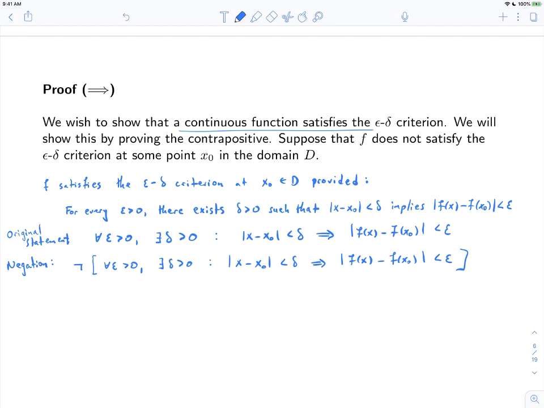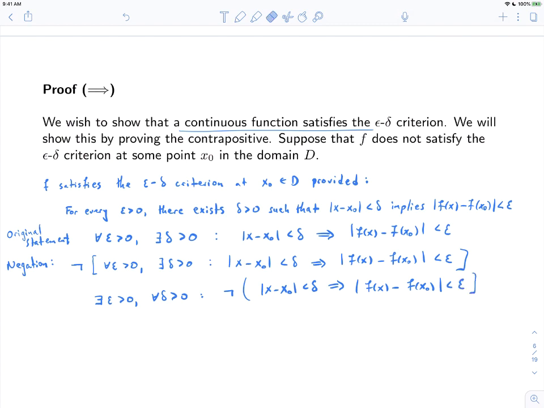So we want to take the negation. So what's that going to say? Well, for all, there exists becomes, it is not the case that for all there exists some. So that means there exists an epsilon greater than 0 such that for all delta greater than 0, it is not the case that [|x minus x naught| less than delta implies |f at x minus f at x naught| is less than epsilon].